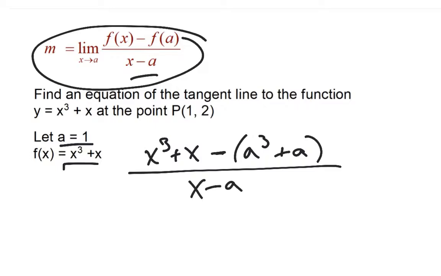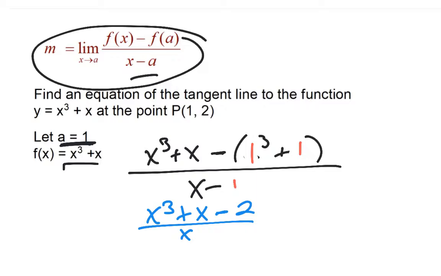Now we're going to let a equal 1, so I'm going to go through and erase all my a's and put a 1 for those values, and I'm going to get x cubed plus x minus 2 over x minus 1.